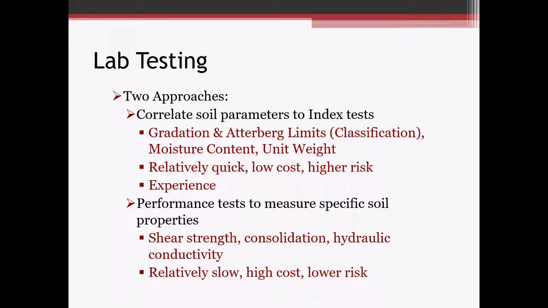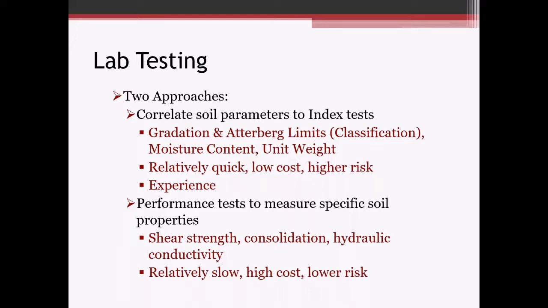Moisture content and unit weight are also index tests. These index tests are relatively quick and low cost, but they do pose a little bit higher risk from the geotechnical design standpoint. And engineers often rely on experience when correlating soil parameters using index tests.